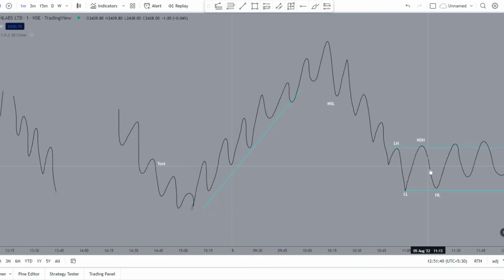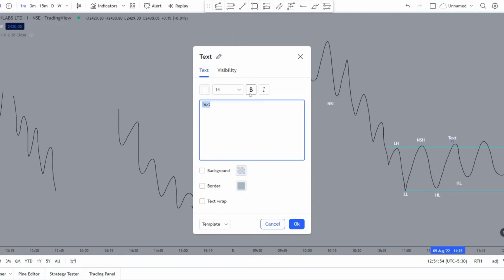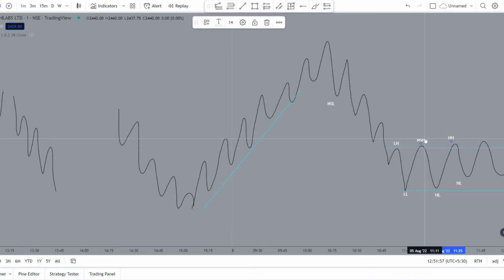Okay. Now this is a higher low again. What did the price do? It moved to a higher high. Every high after a new structure high will be a higher high.